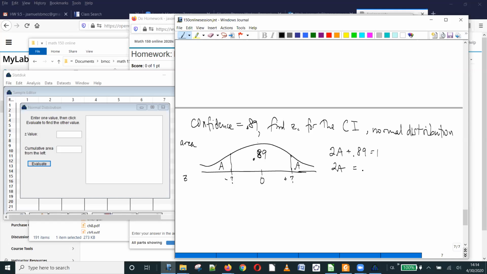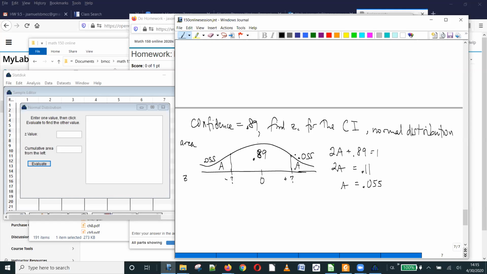So 2a, subtract, you get 0.11, so a equals 0.055. So the area in a single tail is 0.055. So this area is 0.055, and this area is 0.055. So now we know every possible area.